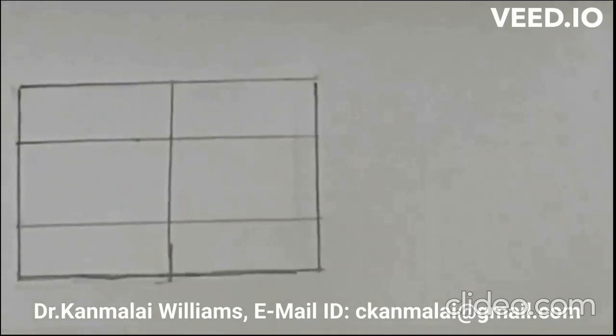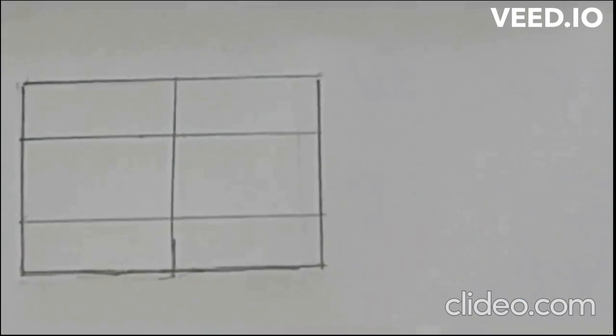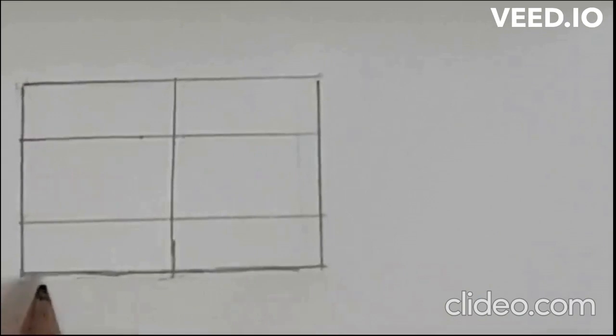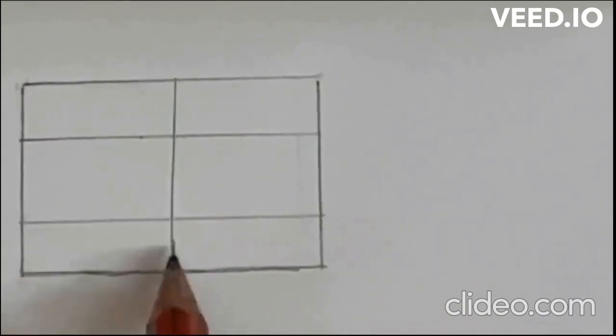Before explaining the PDM diagram, I will just tell you the basic things involved in it. First, you have to draw a rectangle like this and divide it into two halves.